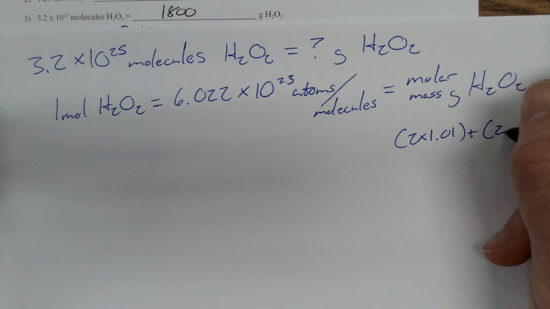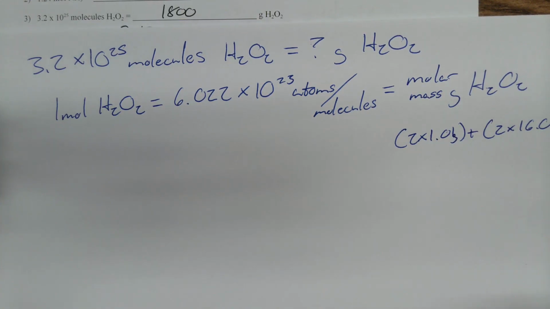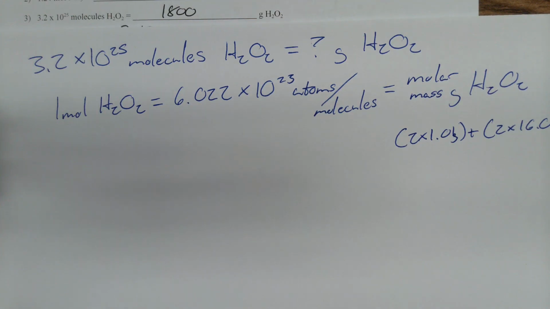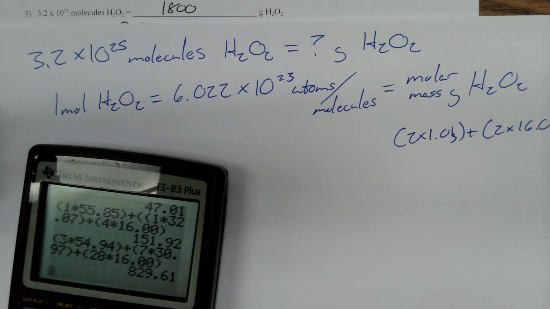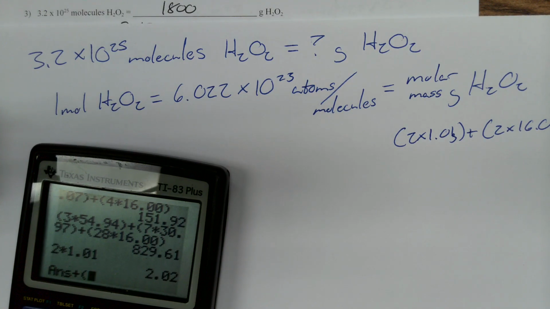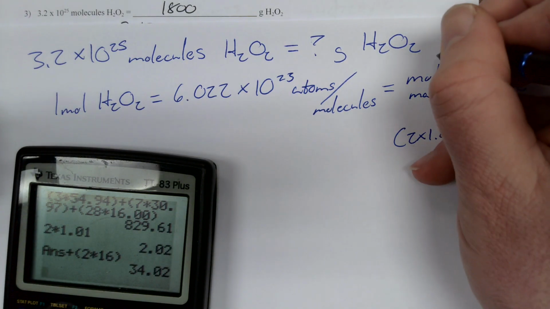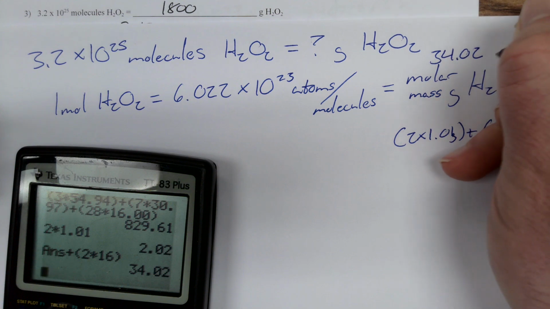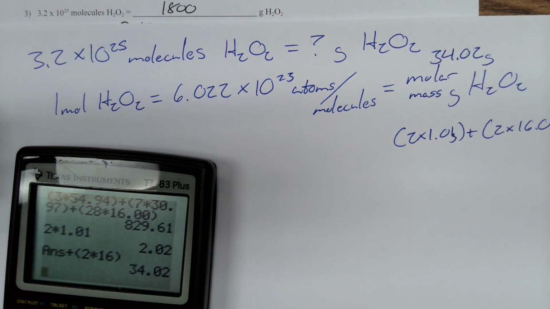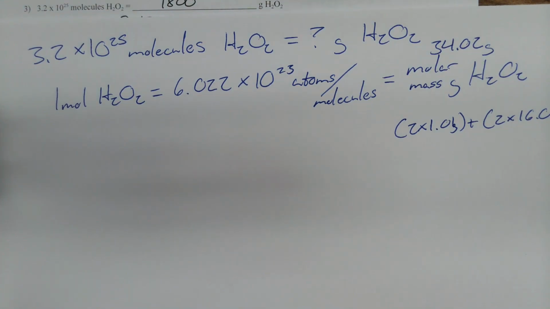Plus 2 times 16.00 grams. 2 times 1.01 plus 2 times 16. Because my molar mass is 34.02. Can we please have the conversations pause while I'm talking? Be checking your work as I'm going through it.